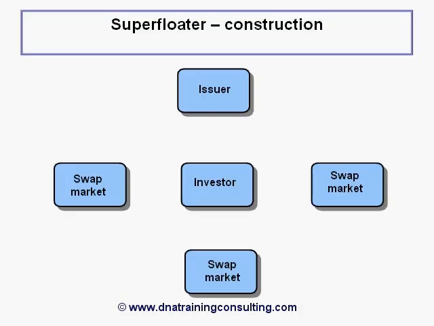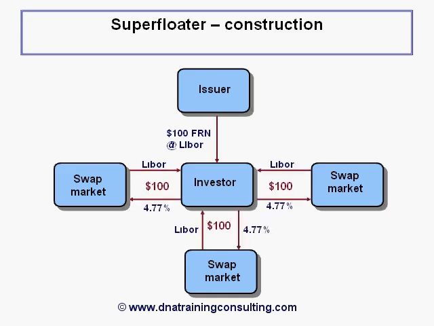Using prices appearing in the worksheet pricing grid, let's suppose that the investor purchases a $100 5-year FRN issued by the same entity as before, and then enters into 3 swaps with notional $100 each, in which she pays fixed at the normal 5-year swap rate and receives 3-month LIBOR.